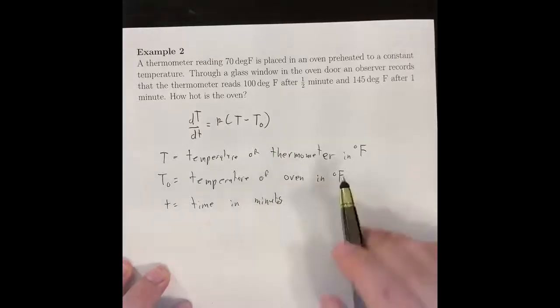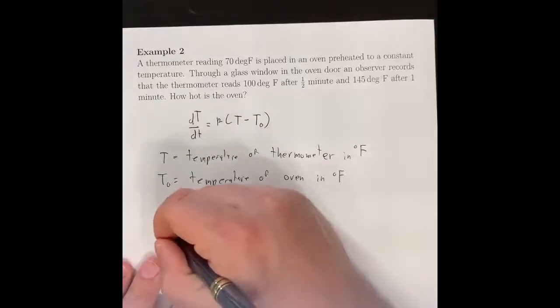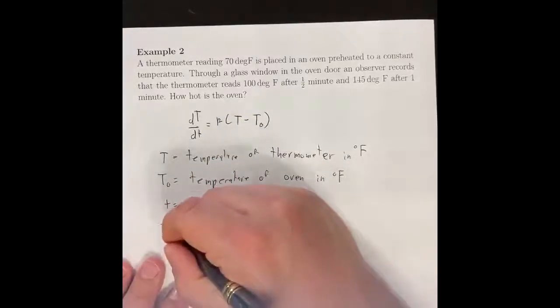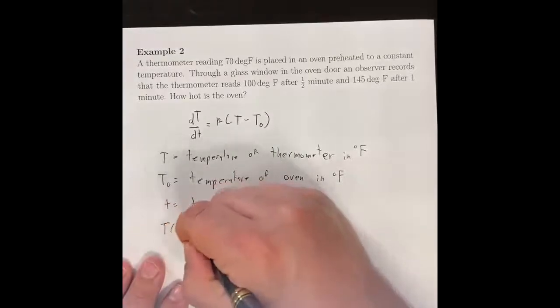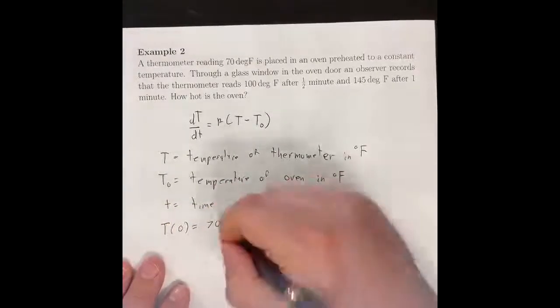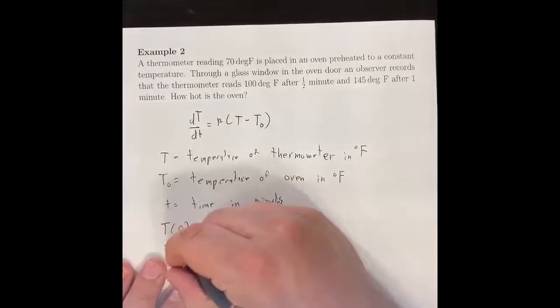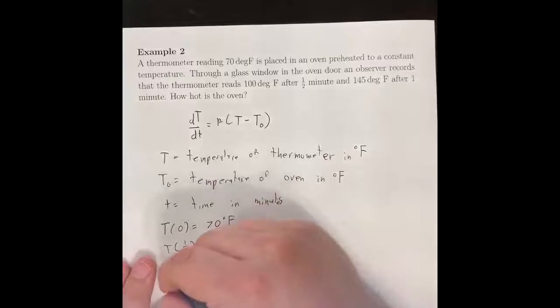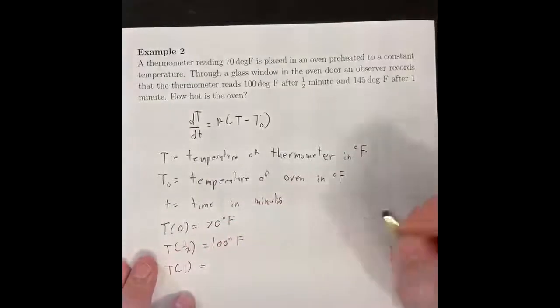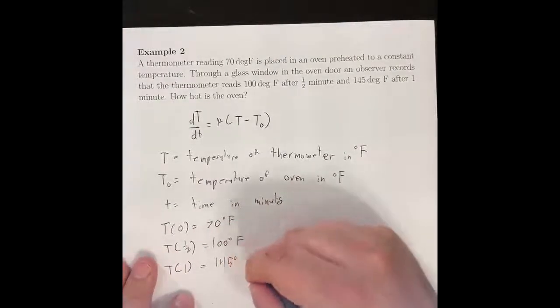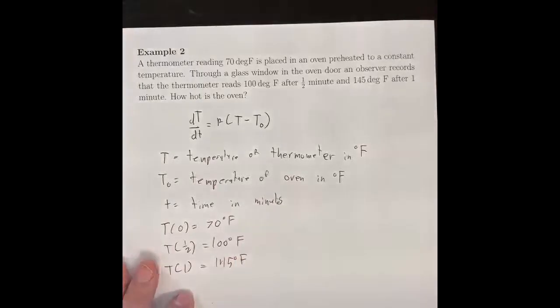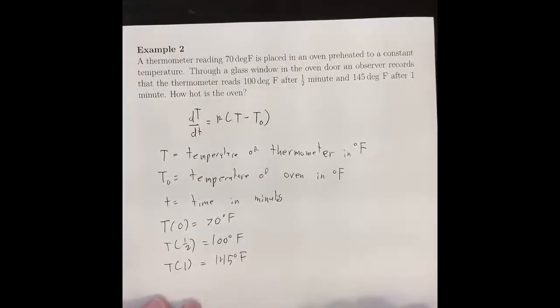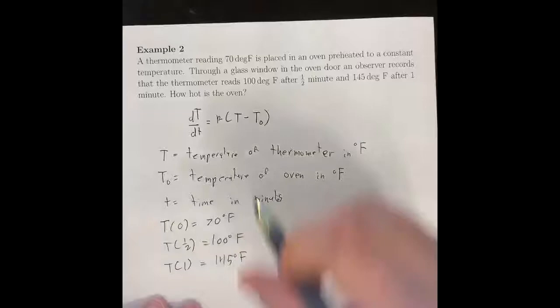And so we're given a couple of things. We know that T of 0 is 70 degrees Fahrenheit. T of a half is 100 degrees Fahrenheit, and T of 1 is 145 degrees Fahrenheit. Okay, and the question is how hot is the oven?